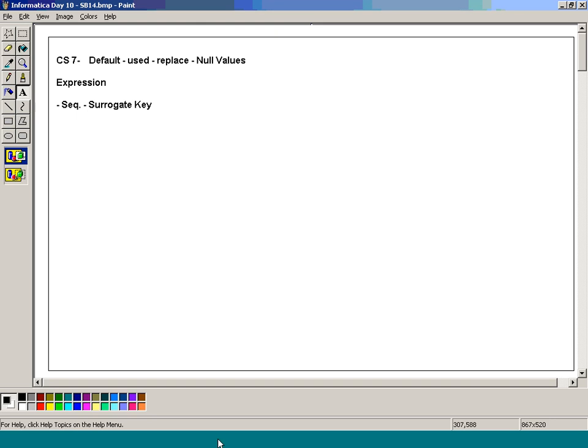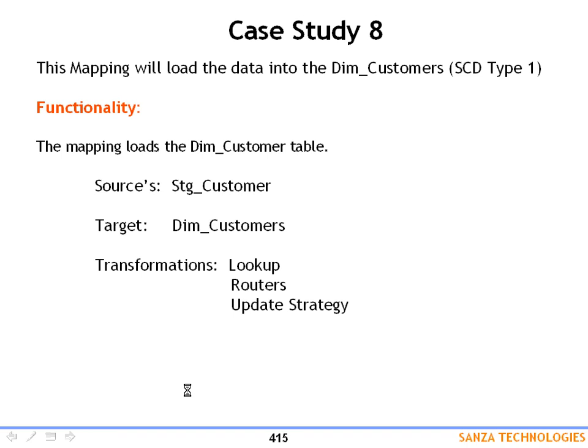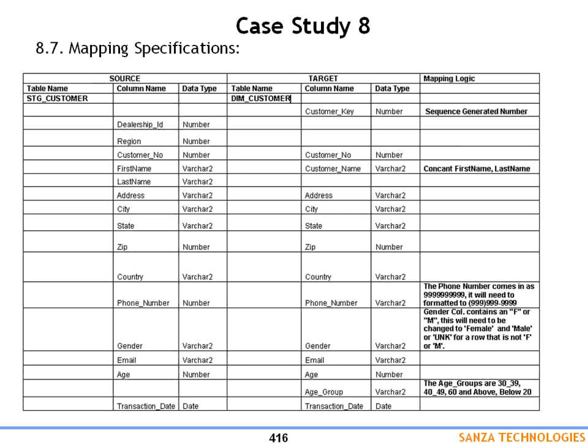Now, please look at this mapping and understand it. I want to extract the data from STG customer table, load the data into dimension customer table. While loading the data into the dimension customer table, I want to generate a sequence number for the customer key.